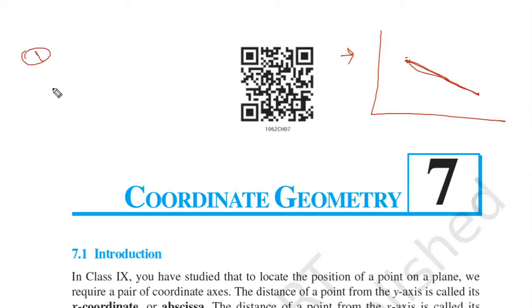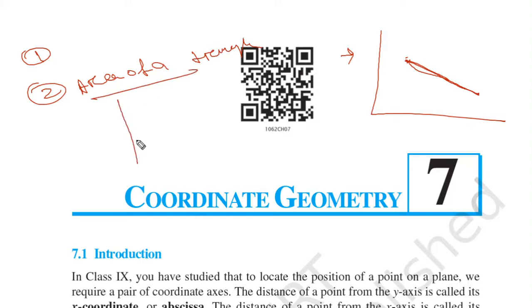Second, we will learn about the area of a triangle formed by 3 given points. Here 3 points will be given, and there will be a triangle, so you have to find the area of this triangle.